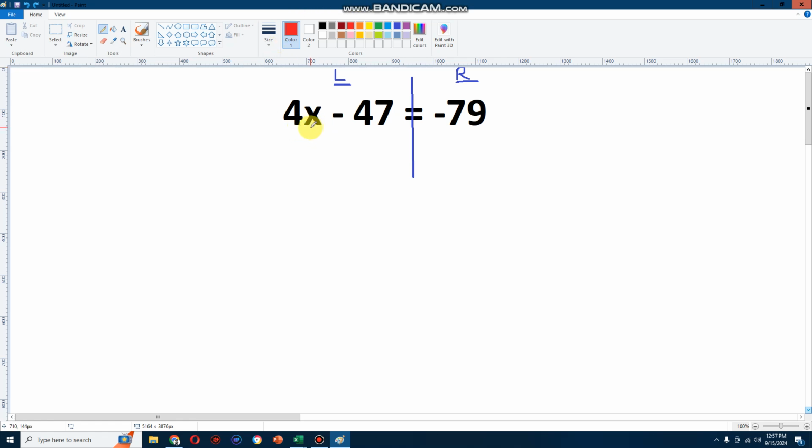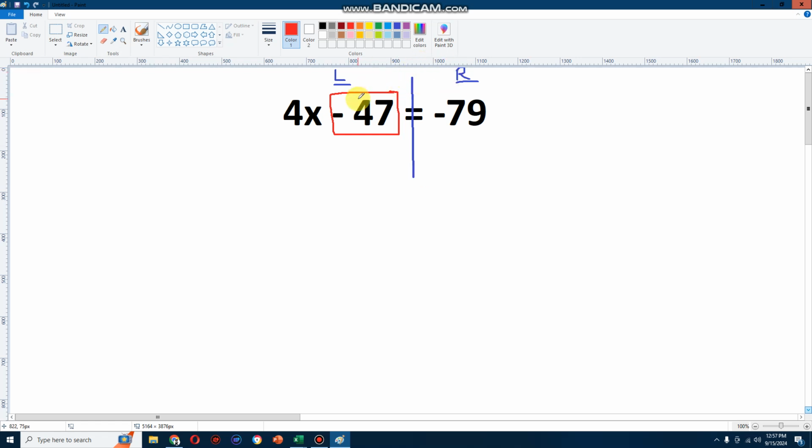4x is on the left side of the equal sign, and that is good. Variables, that means letters, have to be on the left side of the equal sign. That's where they should always be. However, numbers like this, minus 47, should not be on the left side of the equal sign. They should be on the right side.